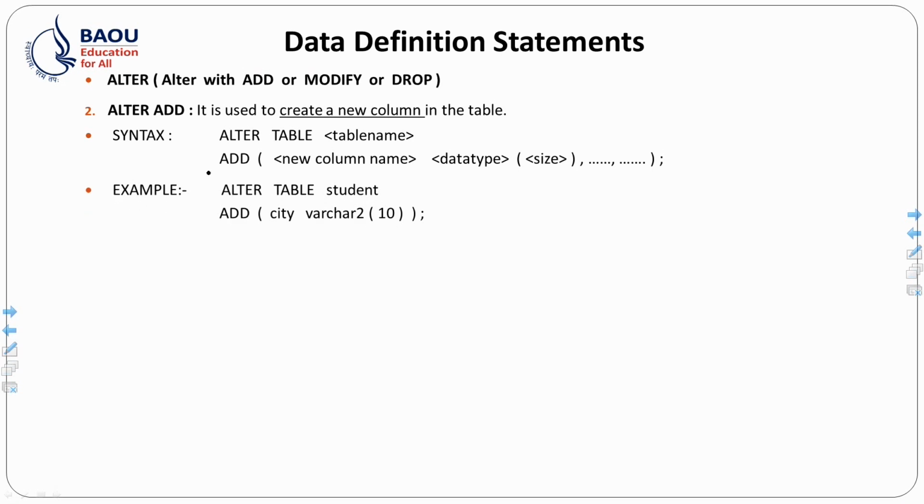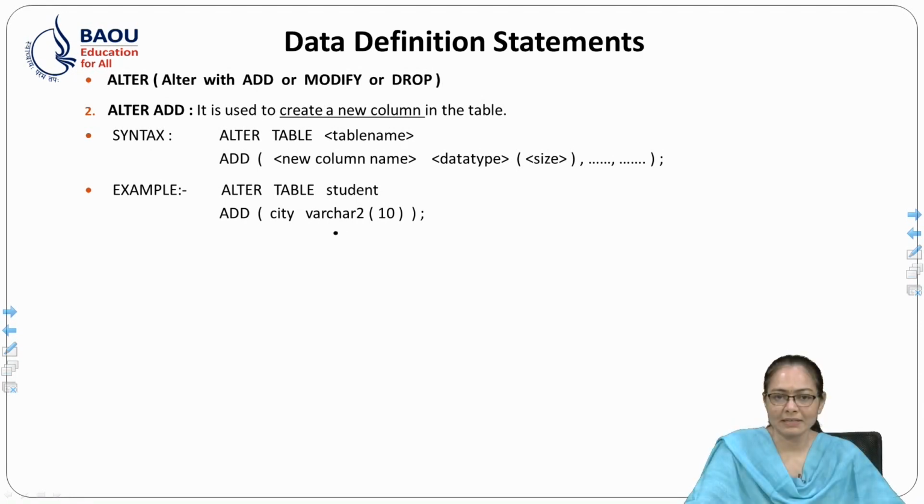For example, alter table student. We want to add a city column in the student table. So alter table student, then add, round bracket open, and then city, and city contains character data, alphabets. So the data type is varchar2 and in the bracket the size is 10, then the bracket is closed, and then semicolon.